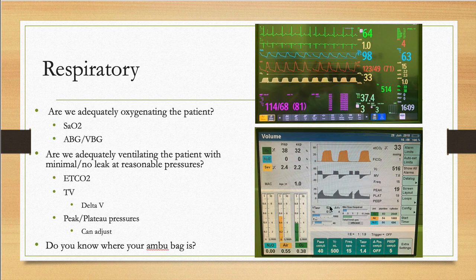So if you happen to be delivering a breath of 500 and the patient gives you back 250, then you have to ask yourself, well, where did the other 250 cc's go? It's unlikely that the machine is so compliant or the tubing is so compliant that you simply lost it to machine absorbance. It more or less would signify a leak somewhere. So this little delta V is super helpful in this particular machine.